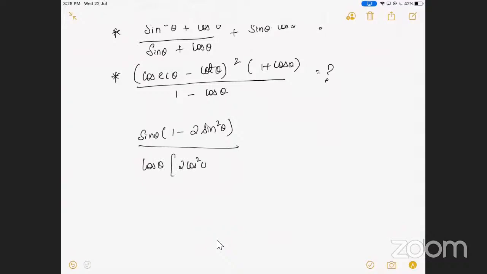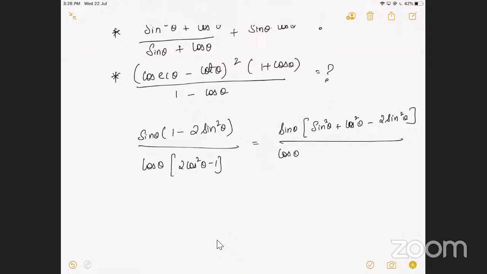And we will write 1 as sine square theta plus cos square theta, so the numerator is sine square theta plus cos square theta minus 2 sine square theta, and the denominator is 2 cos square theta minus cos square theta minus sin square theta for the minus 1, which is multiplied by sin theta by cos theta, which will turn into tan theta.